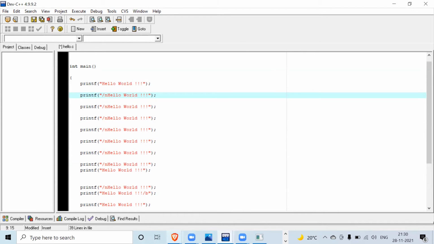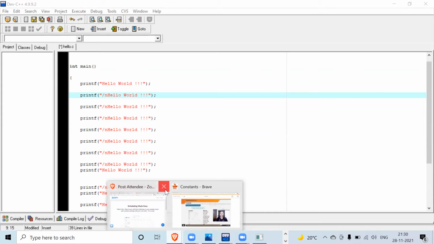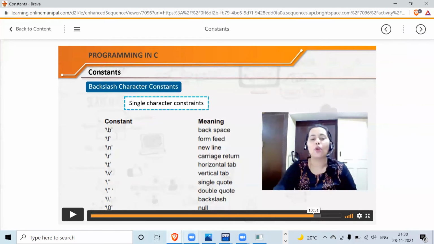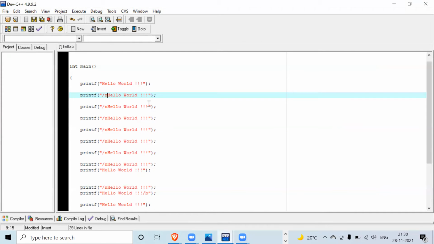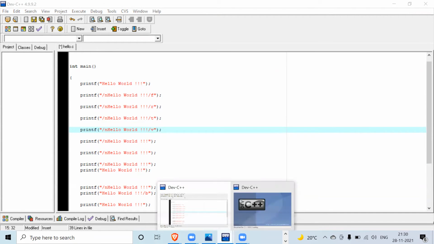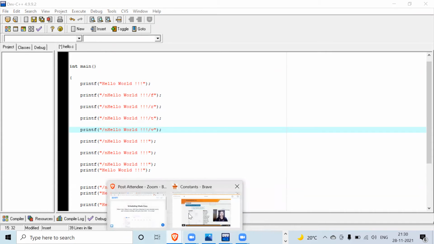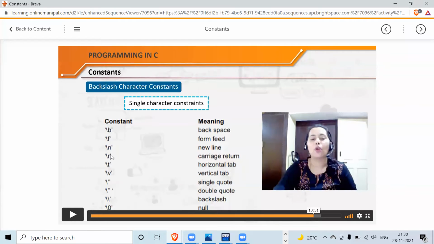Next one is \f. Okay. \f, \r, \t. So we will use \f here, \r, \t, \v is also here, I think. \r, \t, \v, single quote.